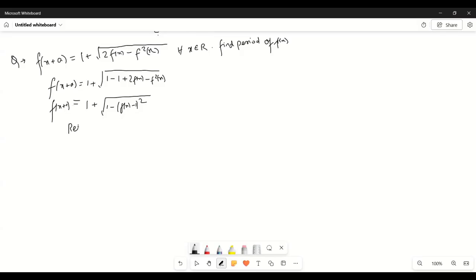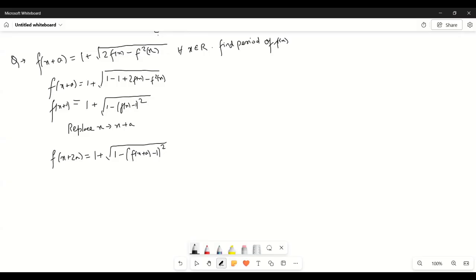Now what we do is we replace x with x plus a, क्योंकि f of x plus a is the only relation that we know. So ये आ जाएगा f of x plus 2a is 1 plus root over of 1 minus bracket में f of x plus a minus 1 whole square.